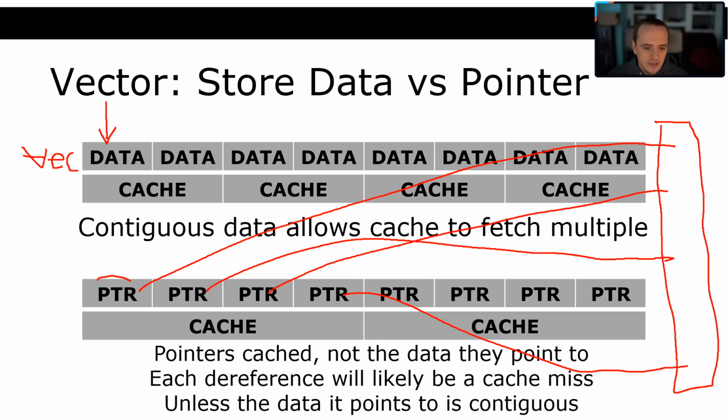And so whenever we get this pointer, we look up the value, we dereference that pointer, and so what we do is we get this much in the cache, right? Does this contain any of these? No, it doesn't. And so the next time we look up another one, we get another cache miss. Now we look up this over here. Well, this cache gets this much. And so you're always cache missing when you store pointers.